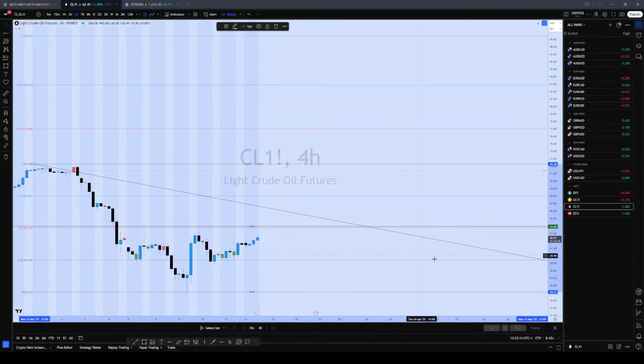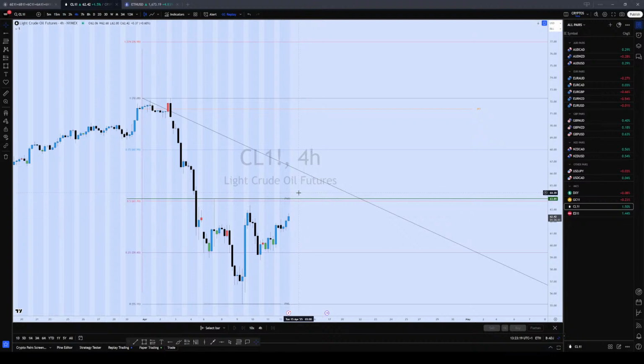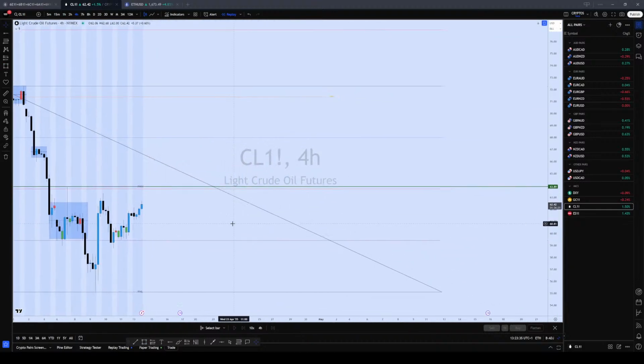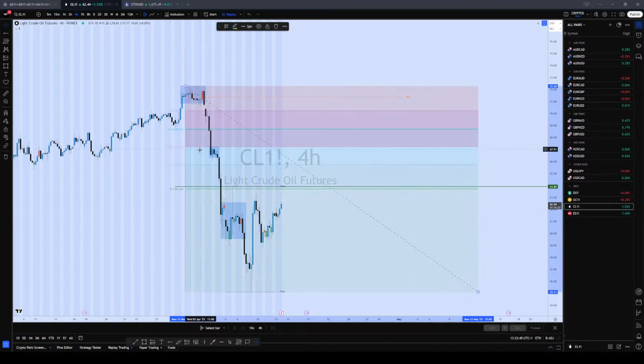So I prefer buying this week to go here and then sticking with the buy to see if we can get somewhere there, because if you see on the H4 time frame, that looks like a market maker buy model, so they might retrace back to the optimal trade entry, which is the OTE, that 70.5 area. So buying on crude oil will not be a bad idea for this week. Don't sell because we've dropped too much.